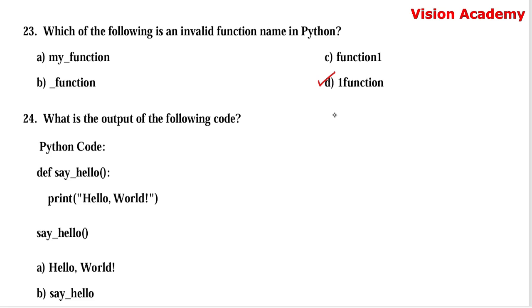So here, identifier name must begin with either alphabet or underscore. No keyword should be used as an identifier or function name, and no special characters are allowed. Here you can see my underscore function is valid, underscore function is also valid, and function 1 is also valid, but as it has begun with the number, hence it is invalid.